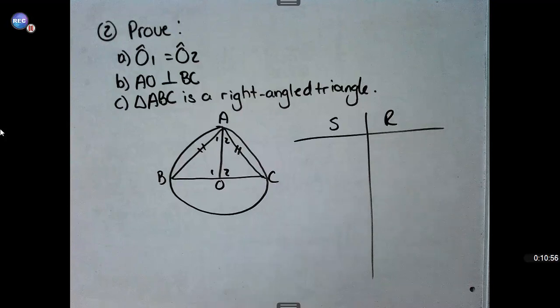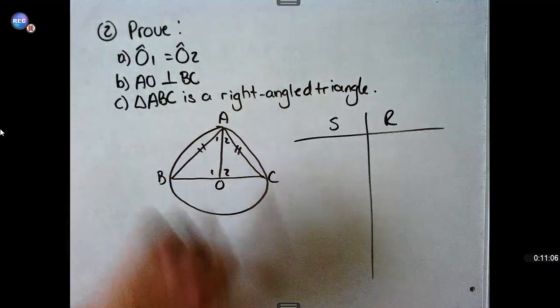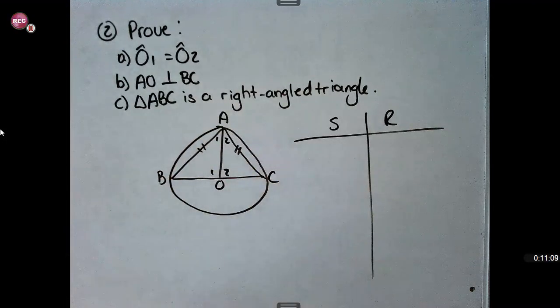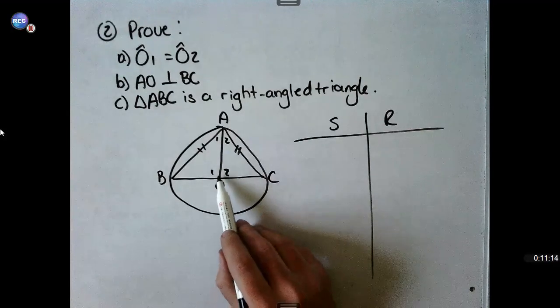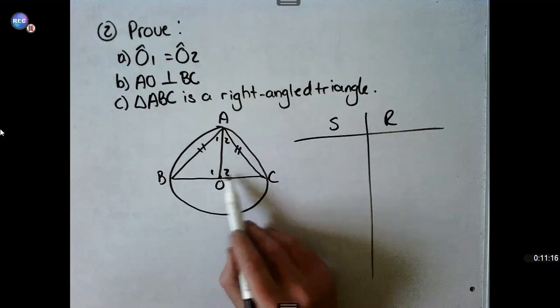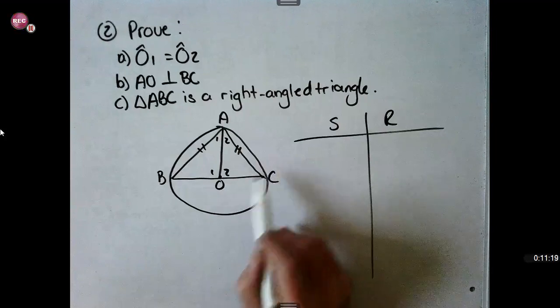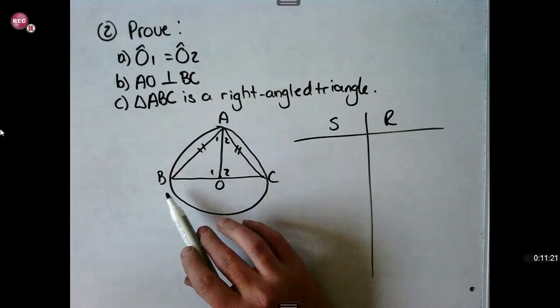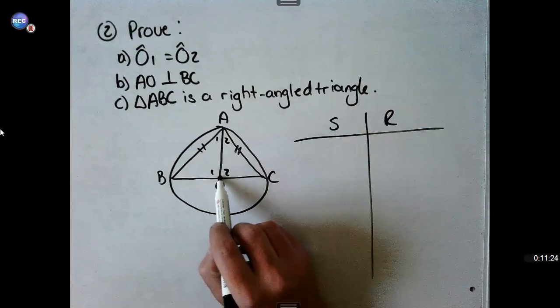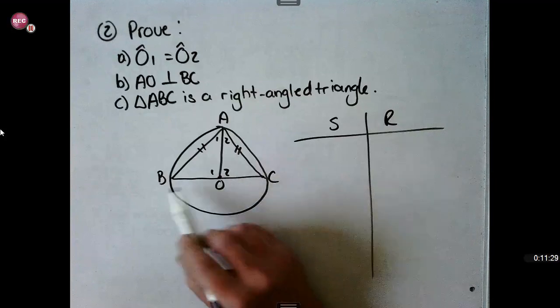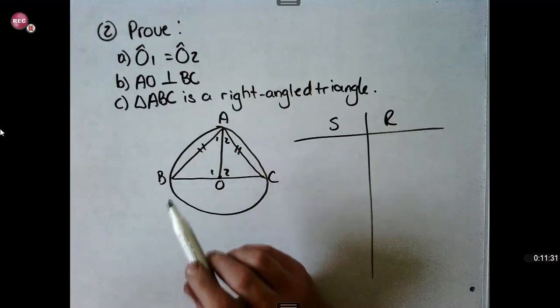First thing they said is that side AB is equal to AC. Now when we prove congruency here, we're going to have to work with what we've got. You need to understand that O is the center, so from O to C is the radius, and from O to B is also the radius. From here to there, and from here to there, the distance should be exactly the same length.